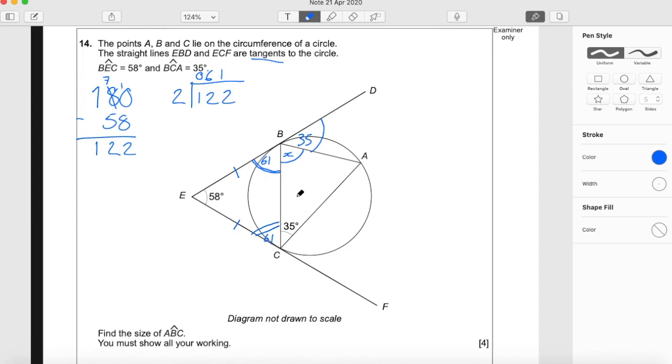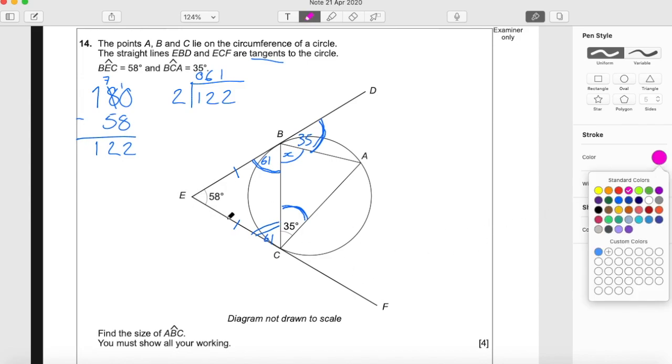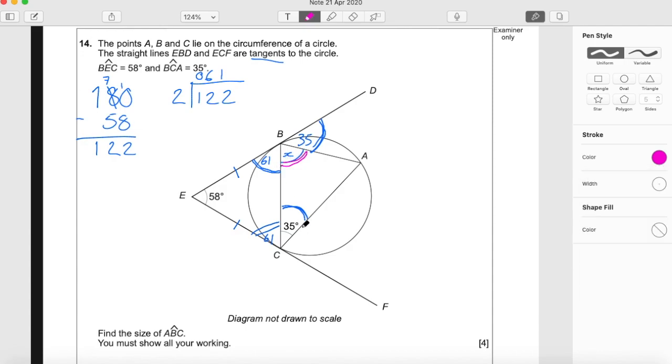So briefly, if we have a tangent to the circle and we have a number of chords inside the circle, this angle here will be the same as this angle here. We also have this replicated in this question because we have another tangent down here, and some chords here. So this angle X must also be the same as this angle here, and that's just by the alternate segment theorem.